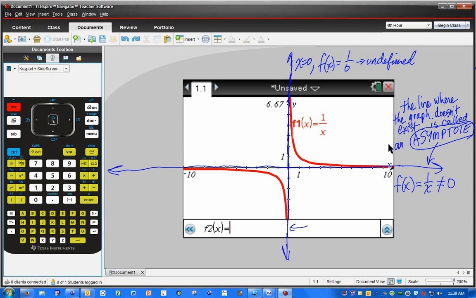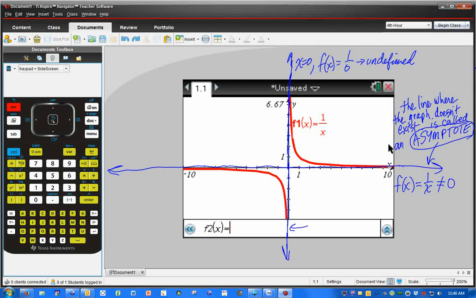And asymptote, all this is a line where the graph doesn't exist. That's it. And for whatever reason, if the graph doesn't exist at that line, we could draw a dotted line at that line, and we're good to go.